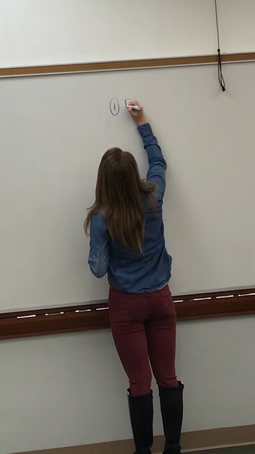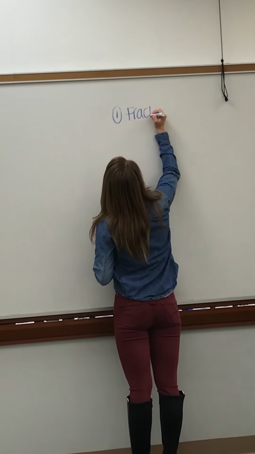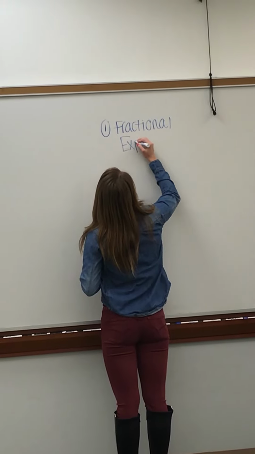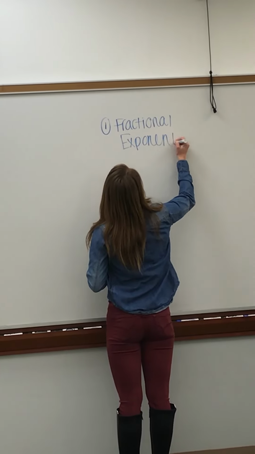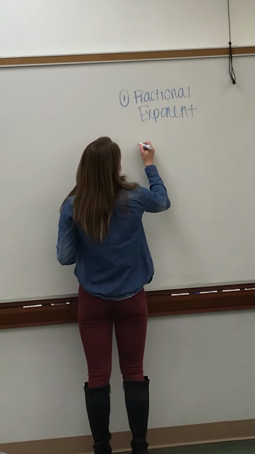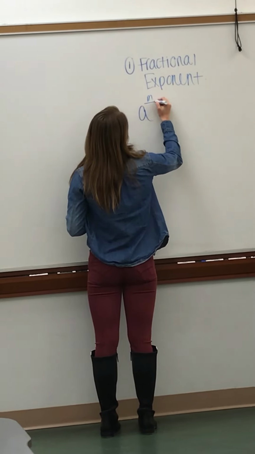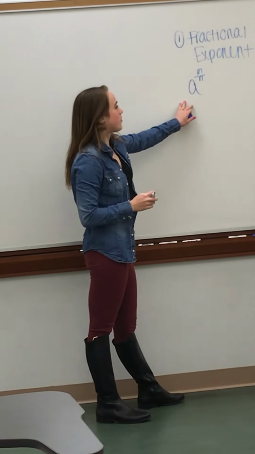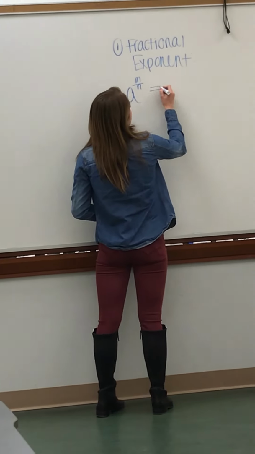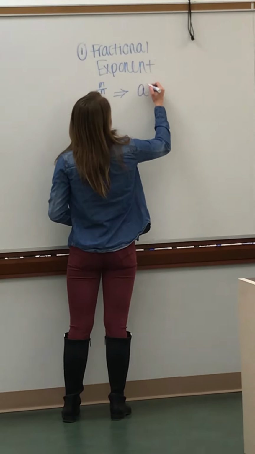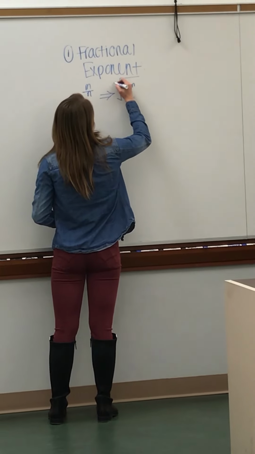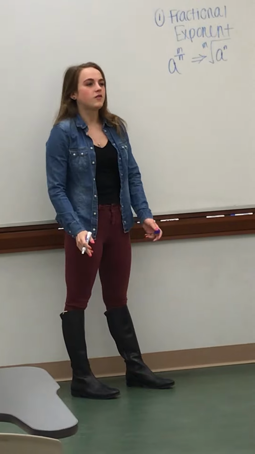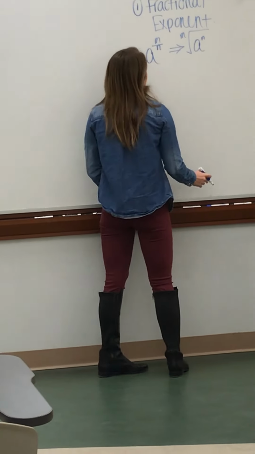When you have a fractional exponent, so you have a to the m over n, you basically convert it to a to the m, and it's the nth root. Okay? So obviously we'll do some examples so that you guys know what I'm talking about.